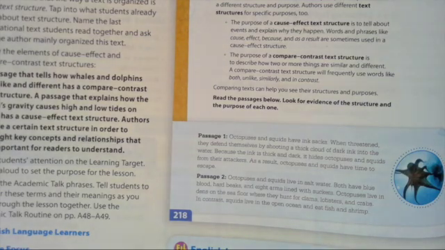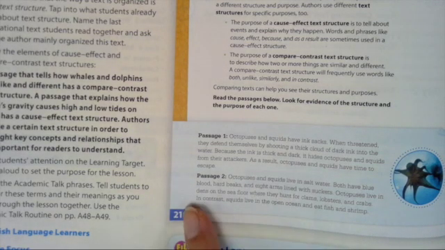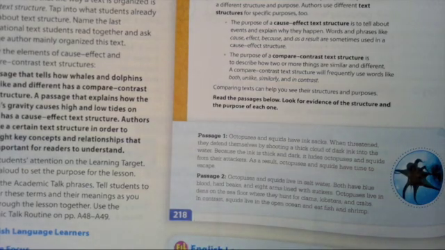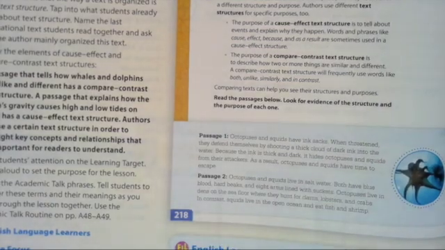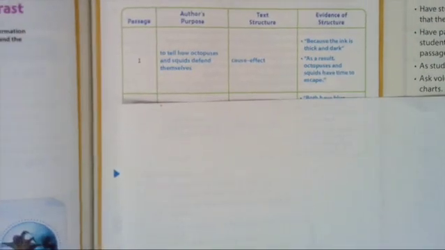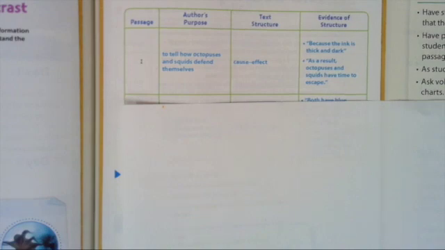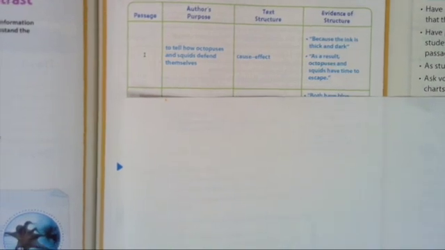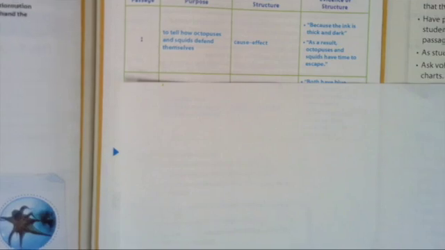So what was the purpose, the text structure, and evidence for passage 2? I heard the word in contrast. I heard both. So the purpose was to tell us about similarities and differences of octopuses and squids. The text structure should have been compare and contrast, and we picked out those key words.